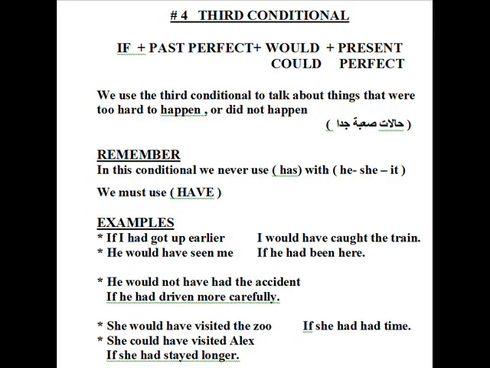We will stop here for a moment to remember the past perfect and the present perfect. The present perfect consists of have or has plus the past participle in the present simple, but in the past simple we use had plus the past participle.